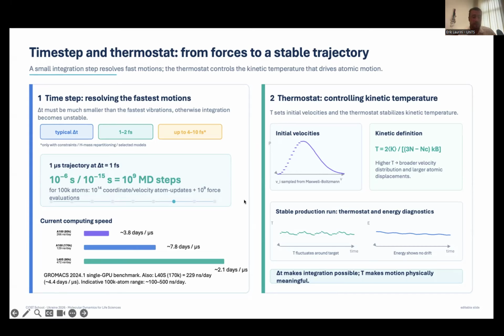With the software GROMACS and a computational resource of one GPU, the best performance is reached with this kind of GPU, in which we have to wait 4 days to acquire 1 microsecond of simulation.